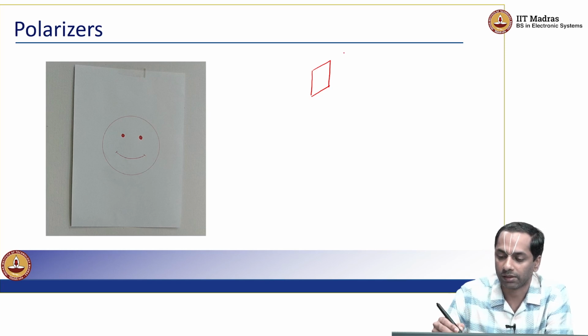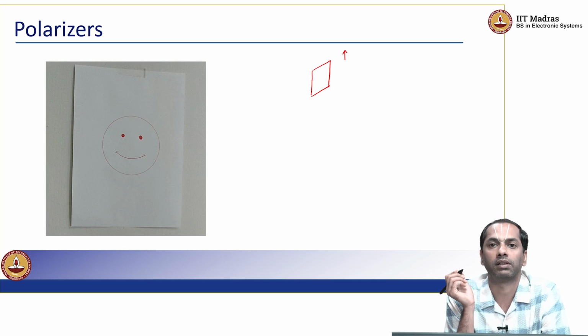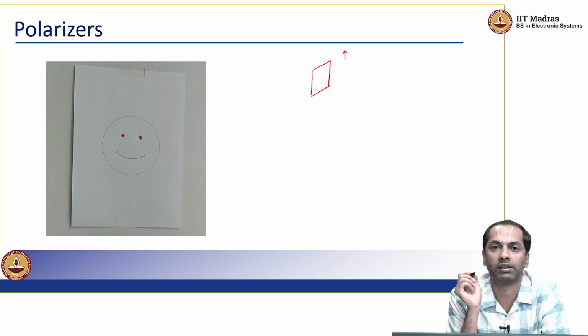So, each polarizer is often demarcated with a certain axis. The axis or direction tells what is the axis along which the electric field is allowed to oscillate and pass through the polarizer.